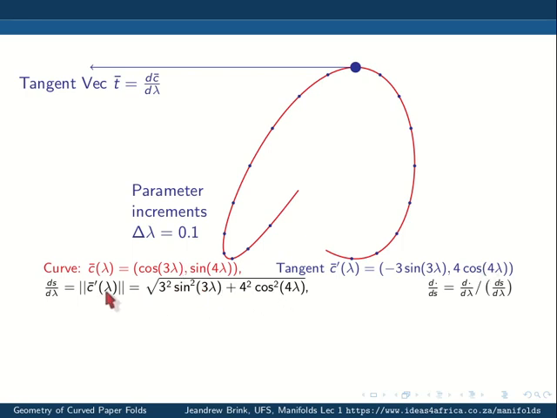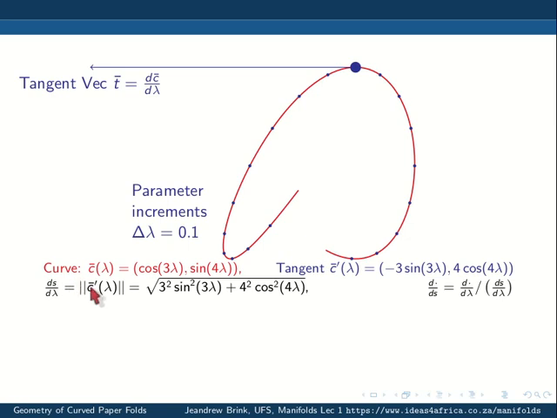Another way of writing the norm is to use our definition of S. So ds d lambda is equal to the norm of C prime of lambda. Remember, to get S, we would simply integrate that over our interval up to lambda.